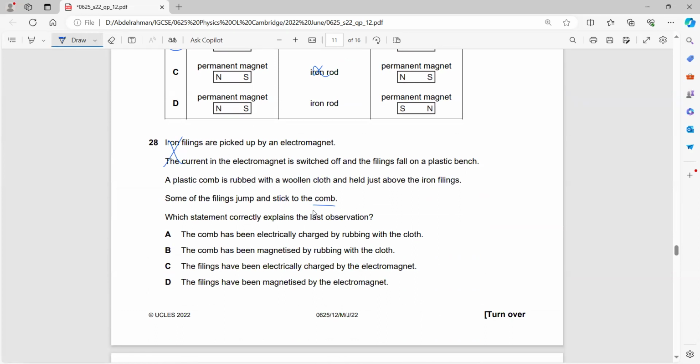Why do the filings jump to the plastic comb? Because it has become electrically charged. Yes, it's either positively charged or negatively charged.